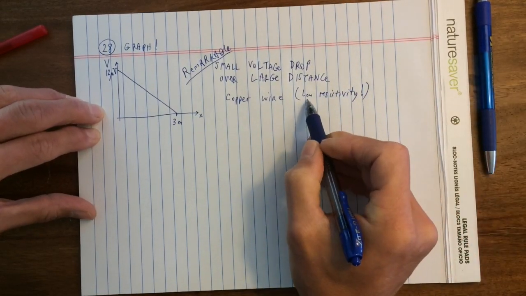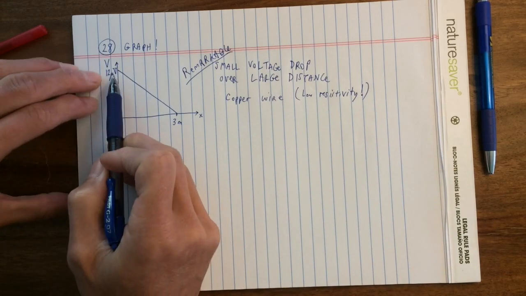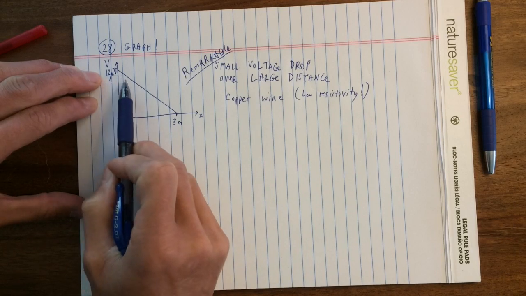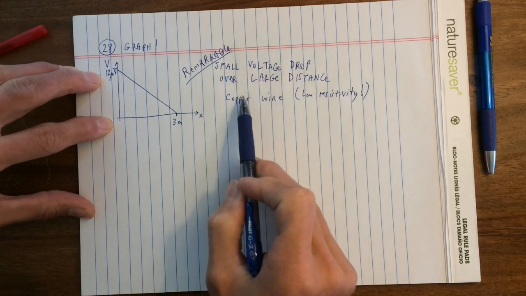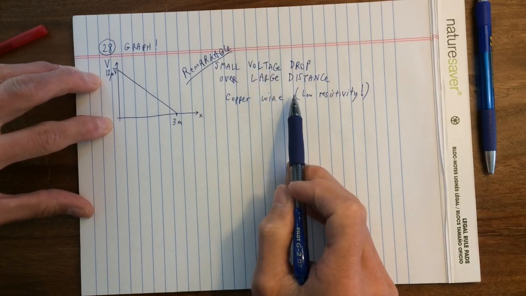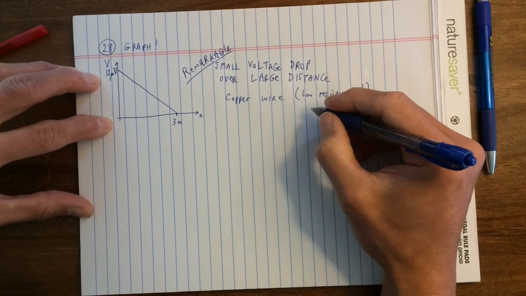So I wonder if low resistivity and small voltage change or voltage drop over really long length, they must all be sort of related issues, right? So, and yeah, and it turns out that that is the case.